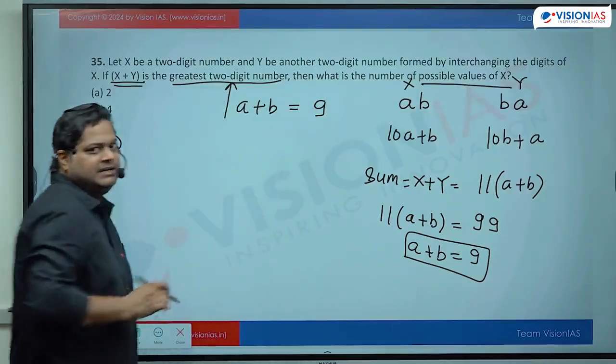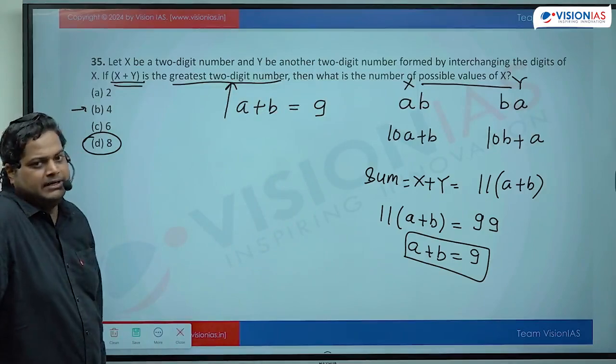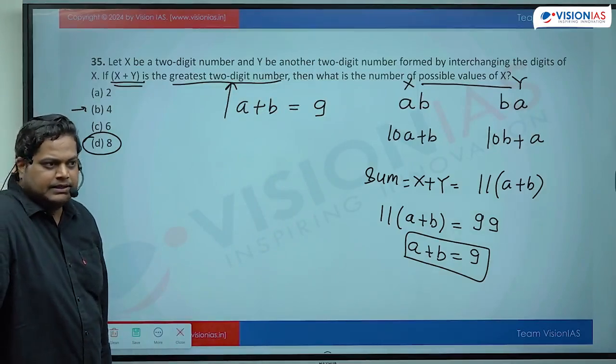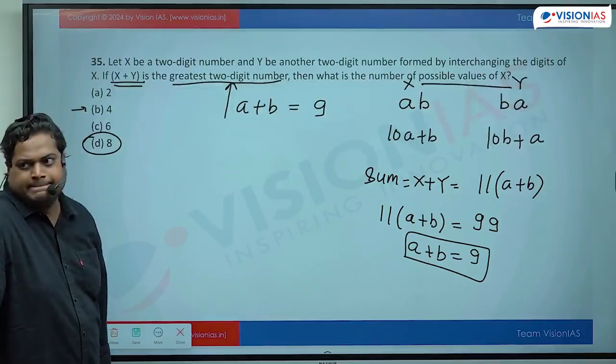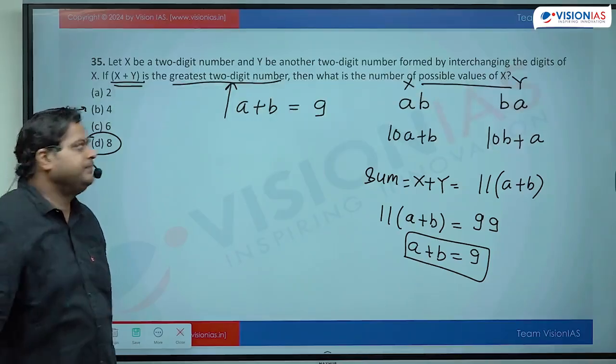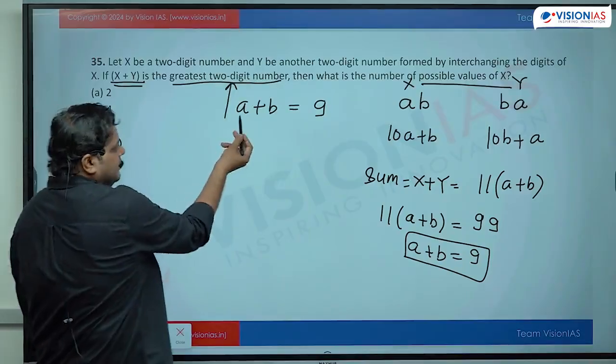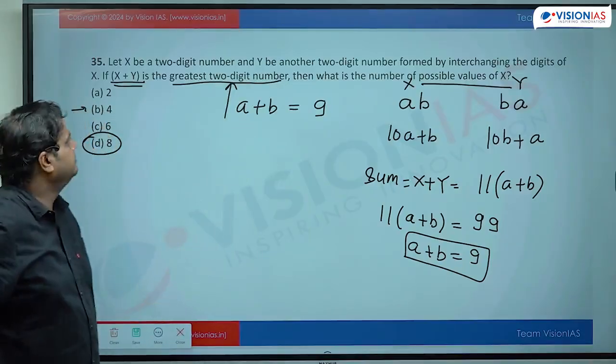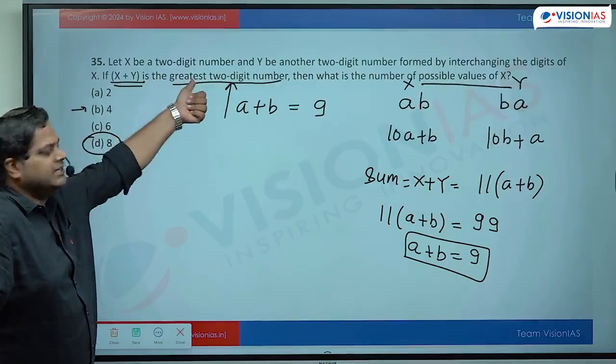So what will be the possibility for A and B? A and B are digits. They can take values 0 to 9. A we cannot take 0 because x is a 2-digit number.